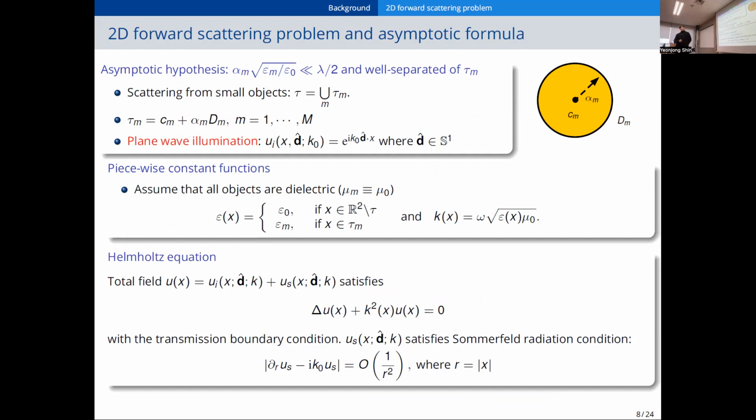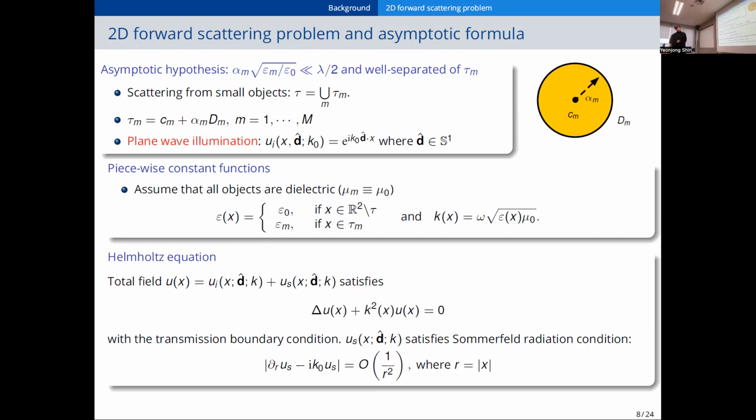To simplify the problem, I assume that all targets are small and well separated. Well separated means that there is no coupling effect, because if two targets are located close, there is multiple scattering. So it is a very hard problem. So we assume that the targets are well separated.